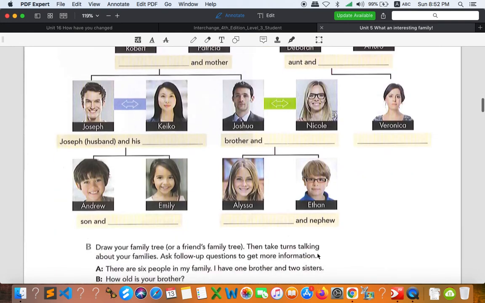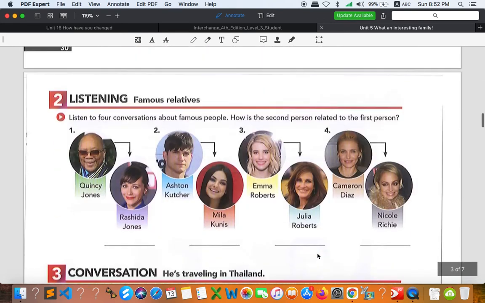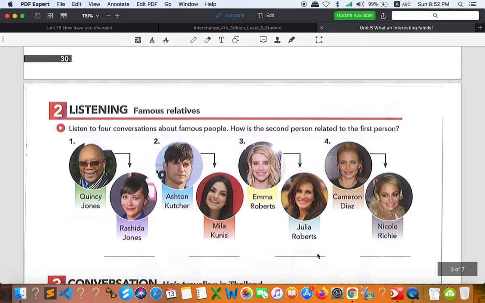Okay, so after this activity, I'd like you to go on to number 2, which is about listening. You can go to the listening audio and play the audio to find out about the relationship between these people as well. As you can see right here, what you are going to do is listen to Famous Relatives, the full conversation about famous people. So these are famous people, and they are also relatives, okay?